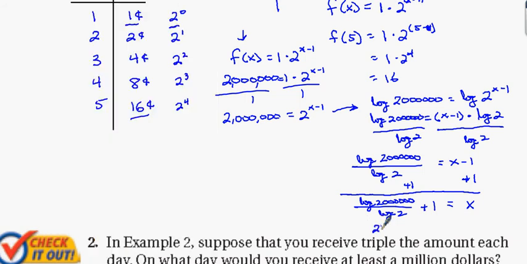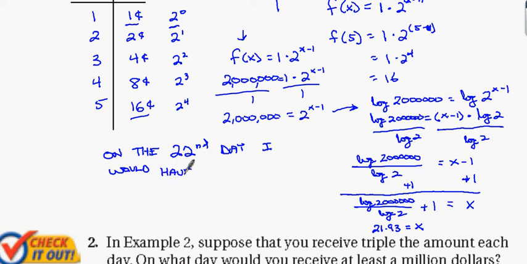So 21.93 is equal to x. So on the 22nd day, I would have more than $20,000.